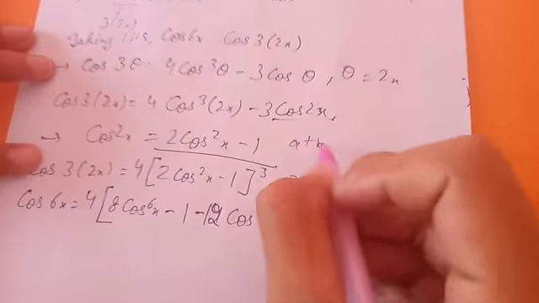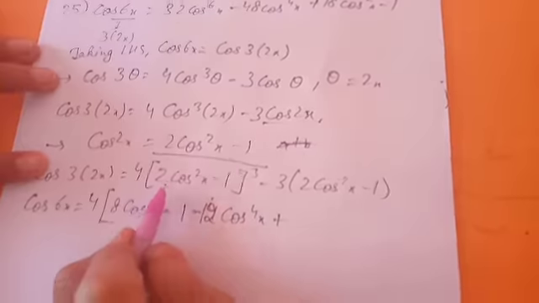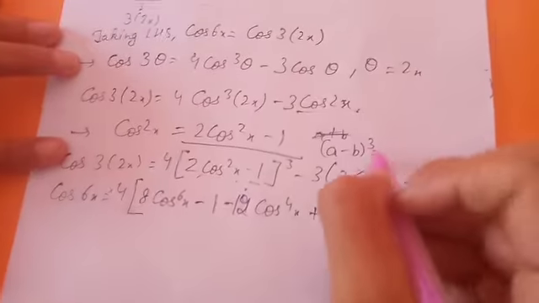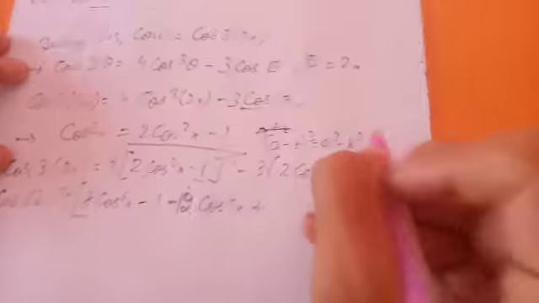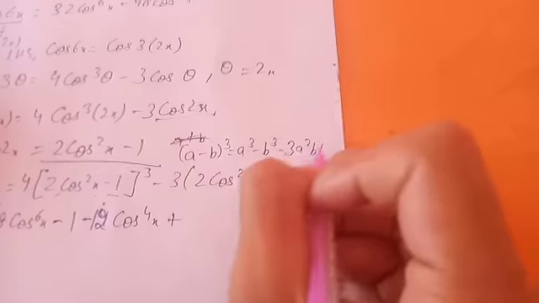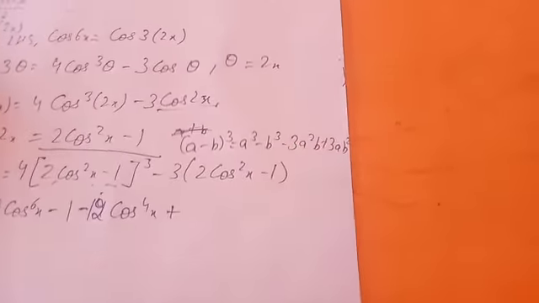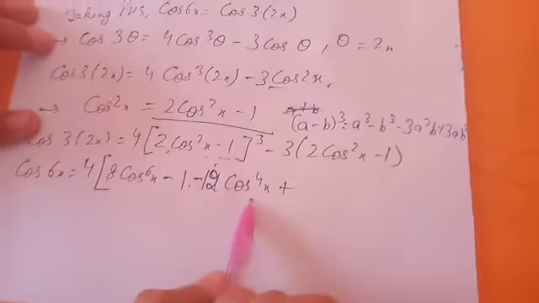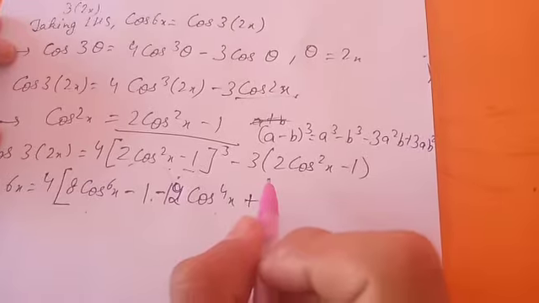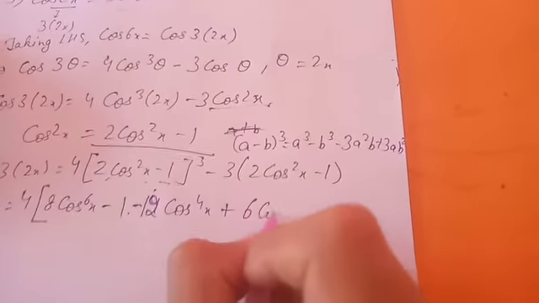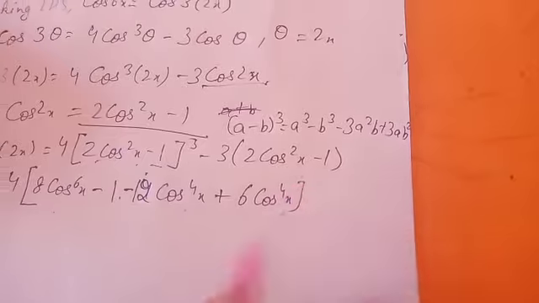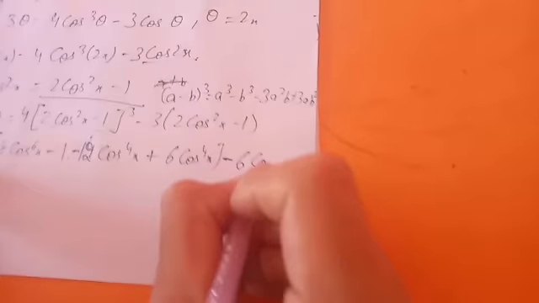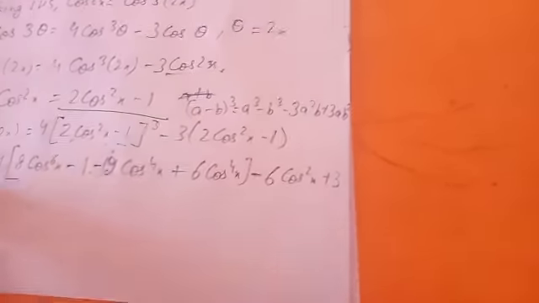It is a minus b whole cube, so use the formula of a minus b whole cube. That will be a cube minus b cube minus 3a square b plus 3ab square. It will be 6 cos 4x. Okay, minus, we will just multiply and we will get minus 6 cos square x plus 3.